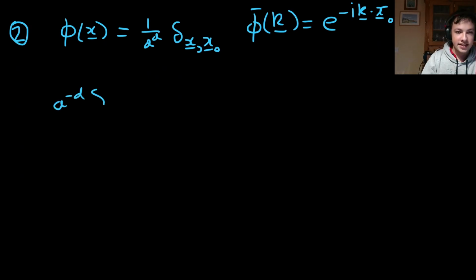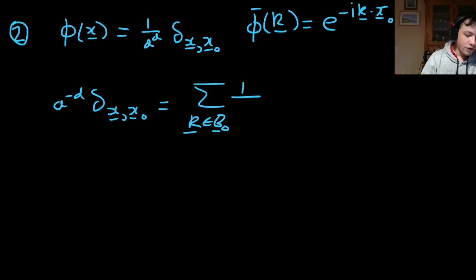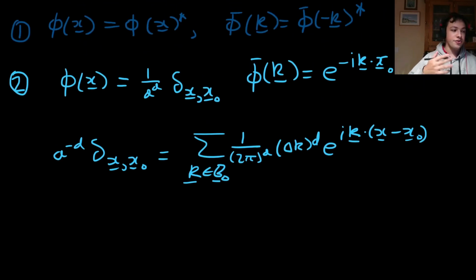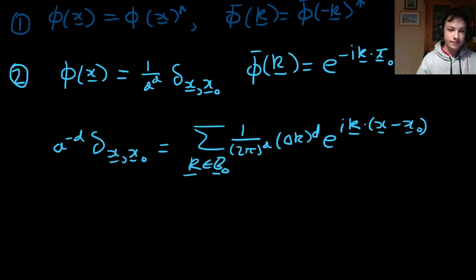So a to the minus d delta x x naught is the sum over k in B naught of 1 over 2 pi to the d delta k to the d e to the i k dot (x minus x naught). Okay, and this will turn into an integral representation of the delta function later on.